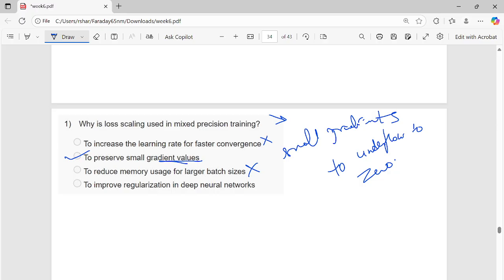To improve regularization in deep neural networks: loss scaling does not act as a regularization. So, what is the correct option? Loss scaling is used in mixed precision training to prevent small gradients from underflowing to zero by preserving their magnitude during computation.